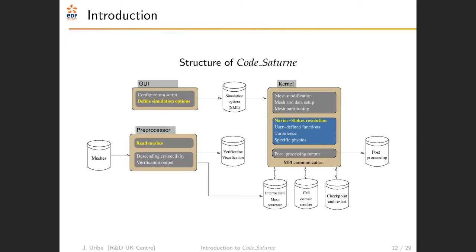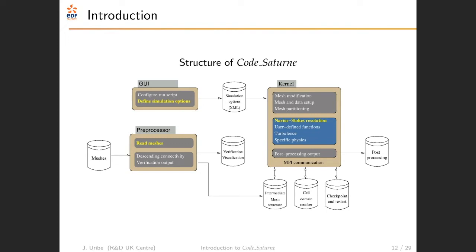Then that setup file is read by the kernel, which reads the mesh and does any modification that is necessary for the mesh. If you want to modify it, there are some tools that we'll see tomorrow that can help you when you want to modify a mesh.